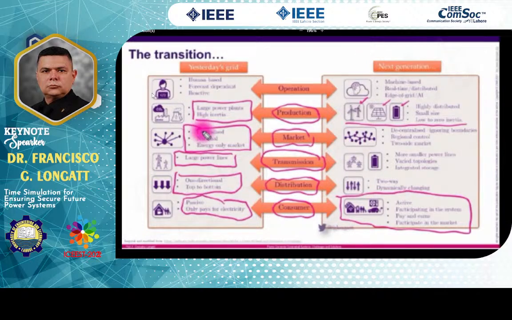But now, if the customer is starting to produce electricity, we need to pay compensation to them and some tariff. Of course, now we have more regional control. We have a market that is not only energy, and we are talking about decentralizing and ignoring boundaries in power production, transmission, distribution, and consumption.